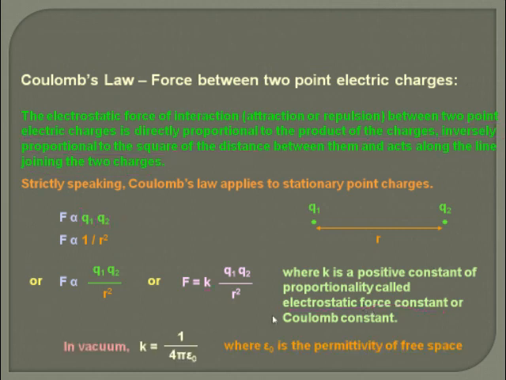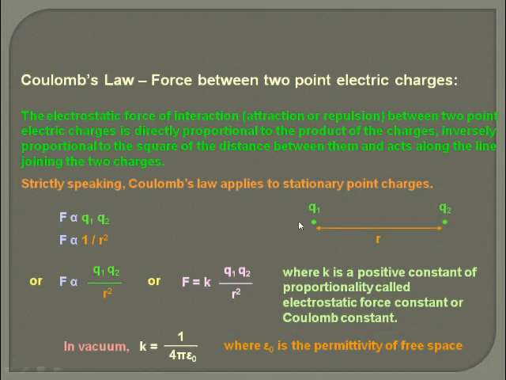Now in vacuum, the value of k can be given as 1 by 4 pi epsilon naught, where epsilon naught is again a constant and it is called the permittivity of free space. What permittivity is, we will study ahead.